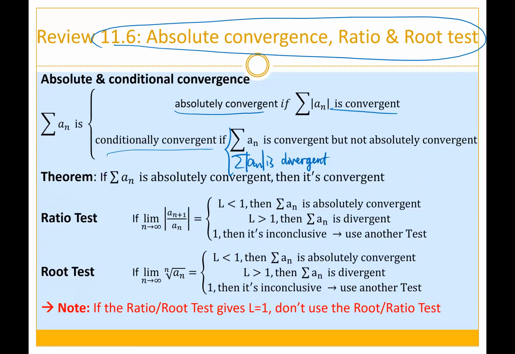We also have a theorem saying if a series is absolutely convergent, it's definitely convergent. If you have a convergent series, you cannot conclude that it's absolutely convergent. But if you already have it absolutely convergent, you can conclude that it's convergent.